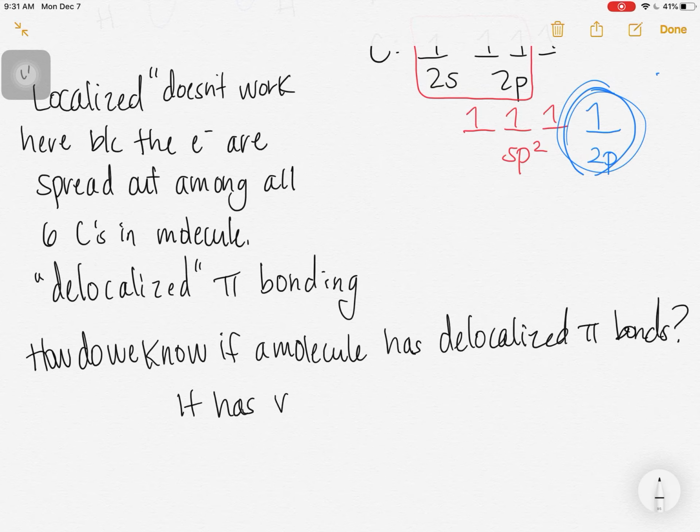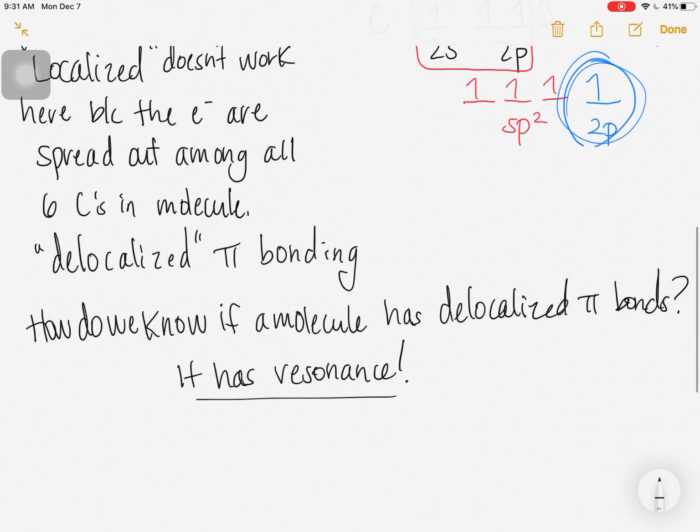It's a very simple answer: it has resonance. That's the takeaway. If a molecule has resonance structures, then the bonding would be said to be delocalized bonding. If the structure does not have resonance, then it would be localized bonding.